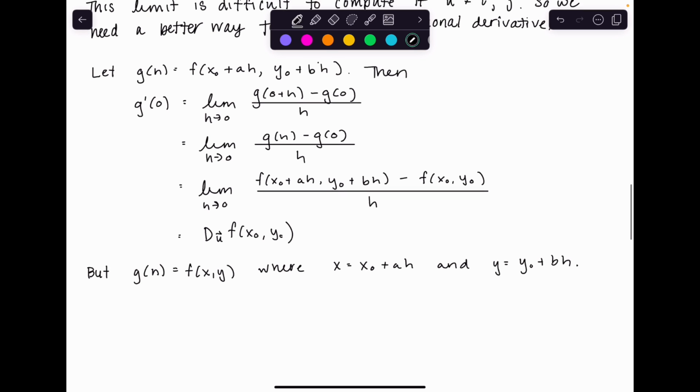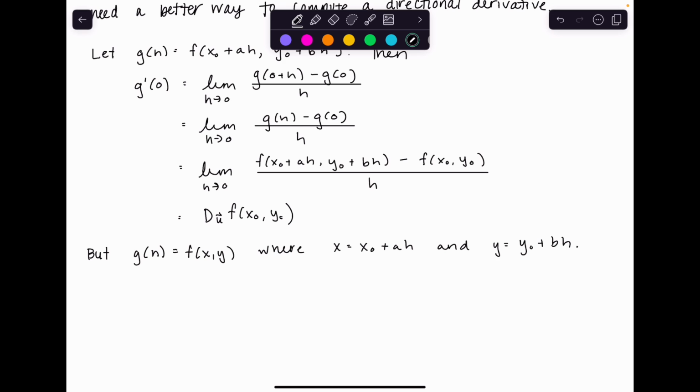Okay. So thinking of our chain rule diagram, we've got g up here. It depends on the variables x and y, but then ultimately these two just depend on that single variable h. So by chain rule, we get the following.